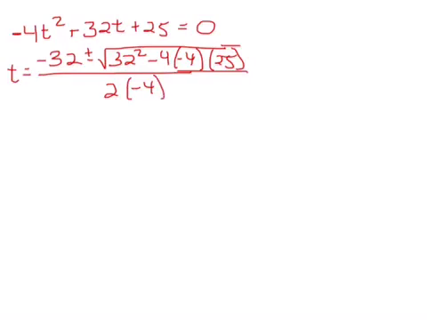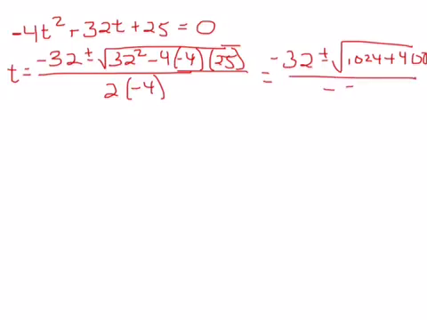Okay, let's clean this up a bit. So this gives us negative 32 plus or minus the square root of, see, 32 squared is 1024. And a negative 4 and a negative 4 is positive 16. And 16 times 25 is 400.